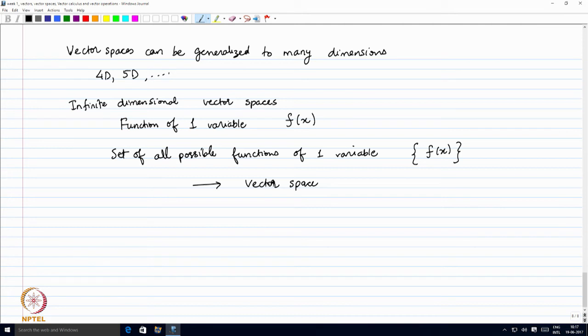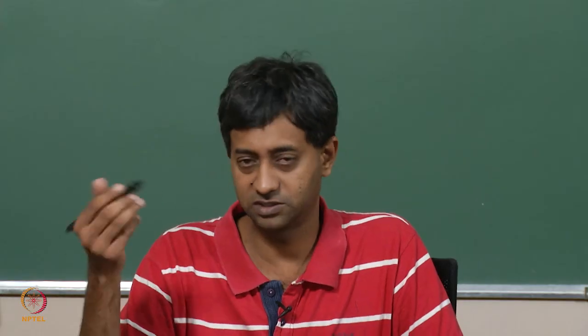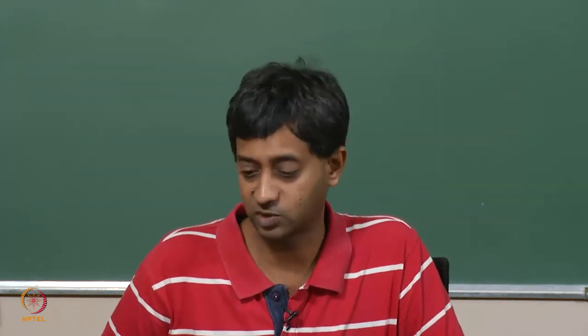Okay. And why is it a vector space? Because you add any two functions, you will get a third function, which is also a function of one variable. If you multiply a function of one variable by a scalar, you will get another function of one variable. Okay. And clearly 0 is also a function of one variable, a constant function. You can have a negative of a function, which is the additive inverse of the function.